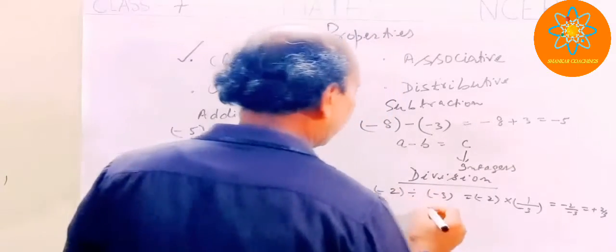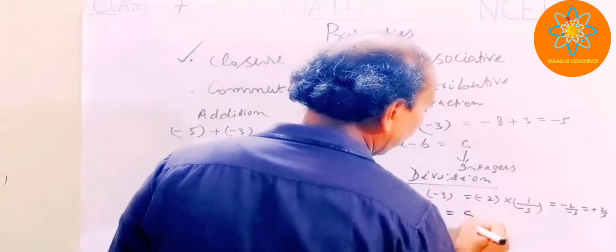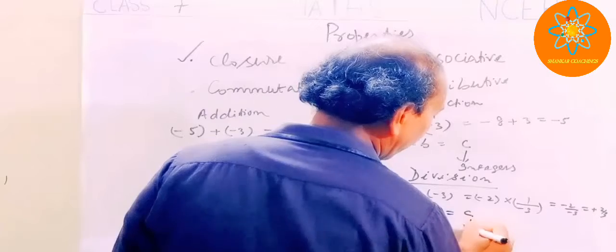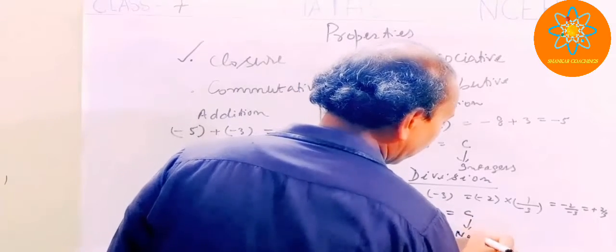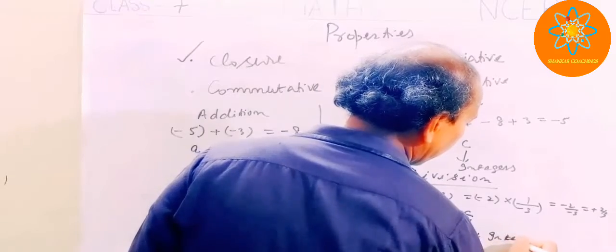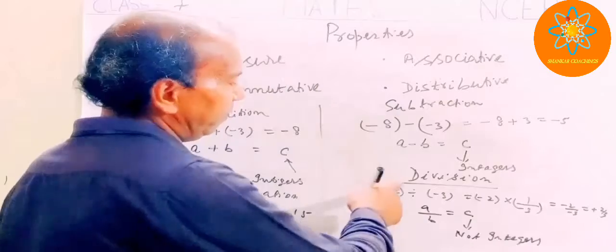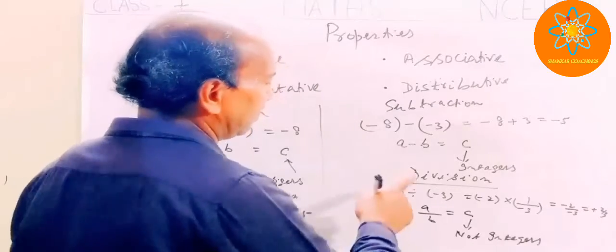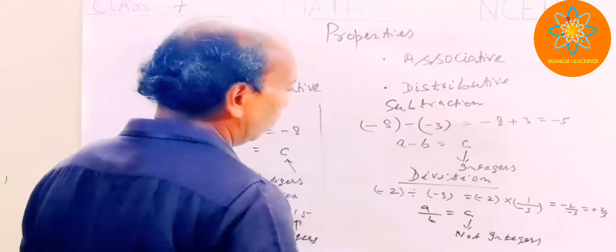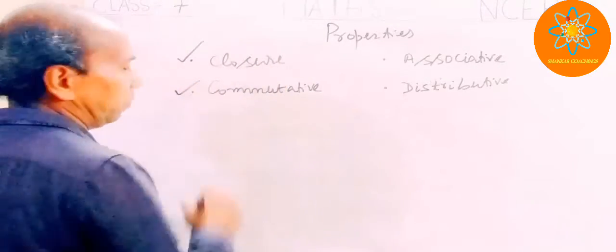That is, a by b is equal to c, and this c is not an integer. So the closure property for division is not true. So the next one is the commutative property.